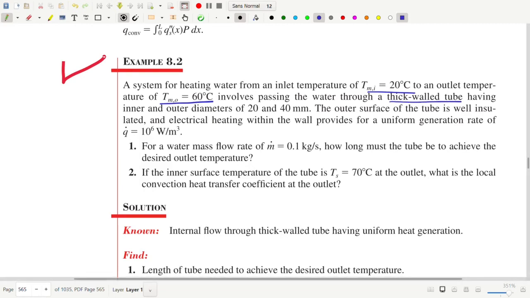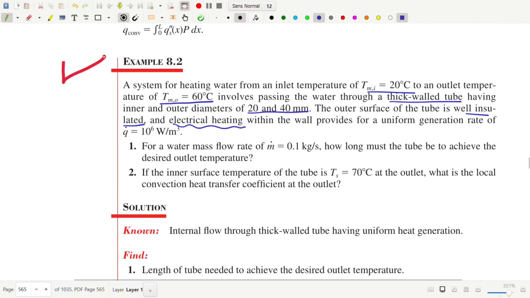which has inner and outer diameters given as 20 and 40 millimeters. Okay, so it's a 10 millimeter thick tube. The outer surface is insulated, and there's an electrical heating arrangement within the wall.